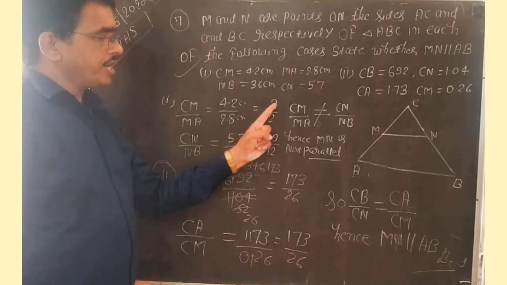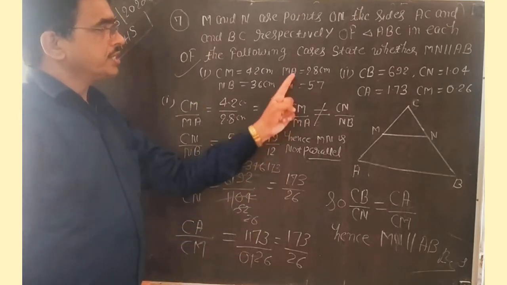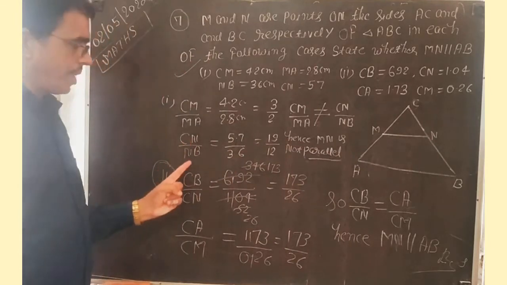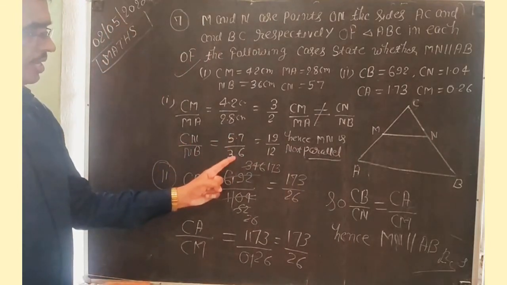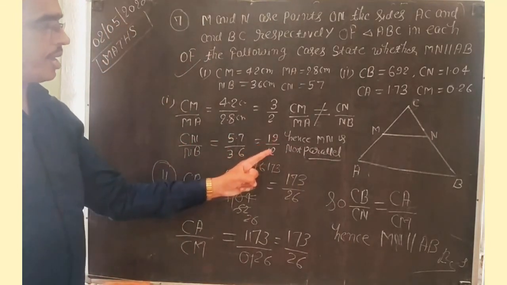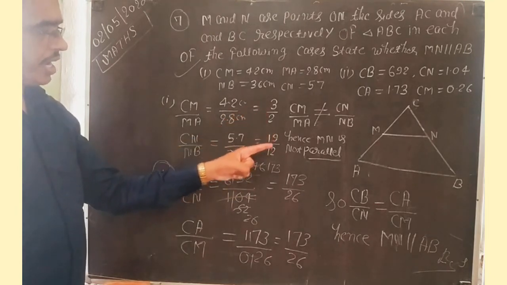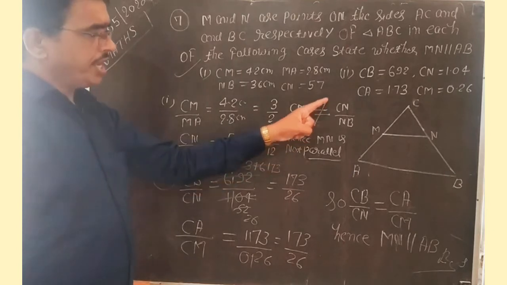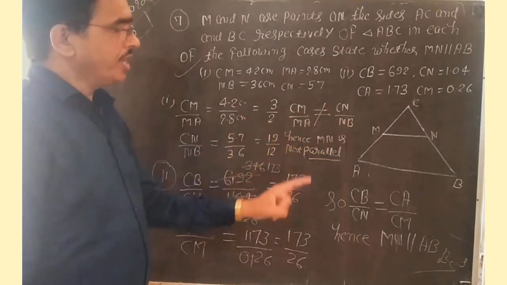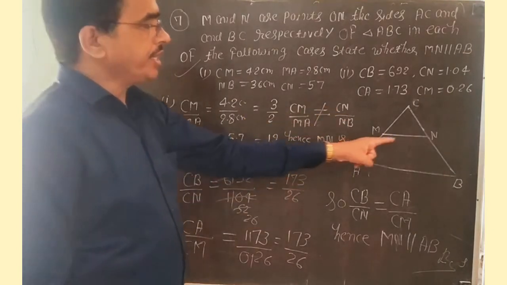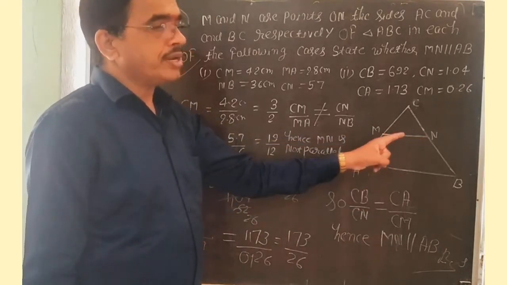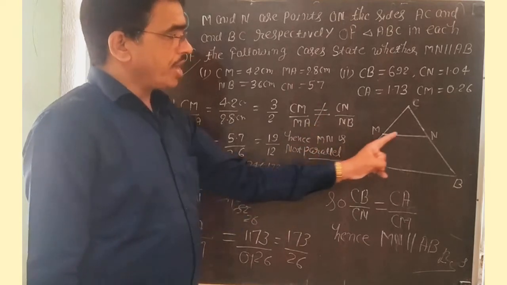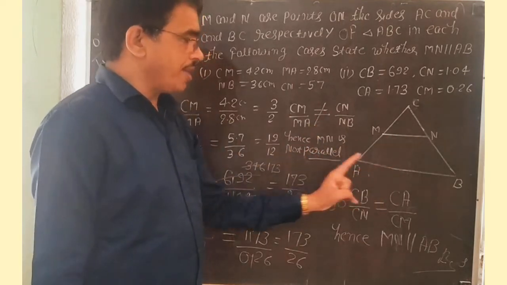Then we get 3 by 2. Next, CN by NB. That is 5.7 by 3.6, that is 19 by 12. It is 3 by 2, it is 19 by 12. Both are not equal. So you write CM by MA is not equal to CN by NB. Hence it is clear that this line MN is not parallel to AB. If it is equal, then parallel. This is not equal, so MN is not parallel to AB.